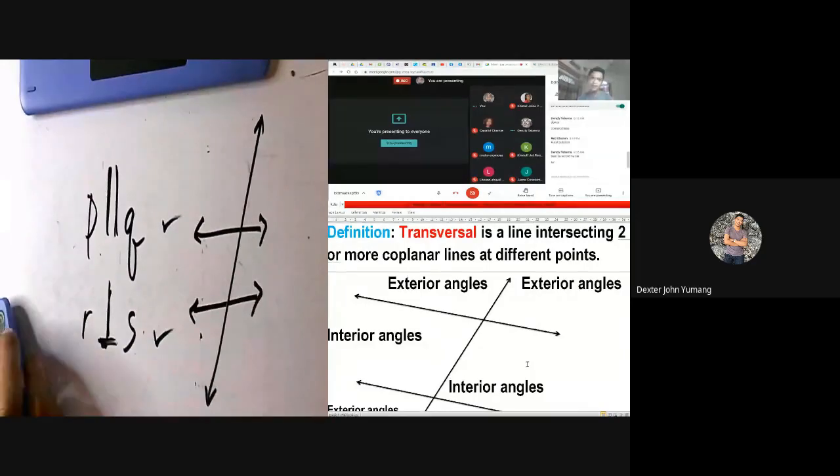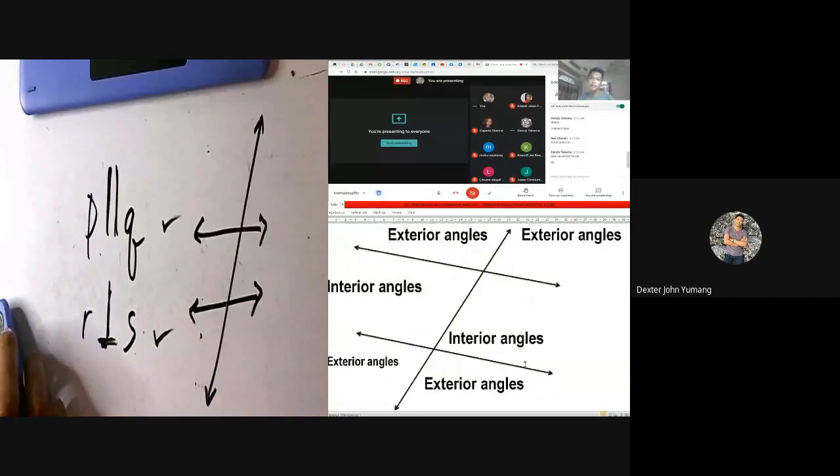Okay, let's proceed now. Those are the transversal lines. So if you could see, saan dyan yung transversal? So, merong parallel lines dyan na hindi mag-cross, tapos yung transversal, yan yung nag-cross. Okay, kapag ang isang parallel line, pinutol ng transversal line, merong mabubuong angles na tinatawag. Exterior angles.